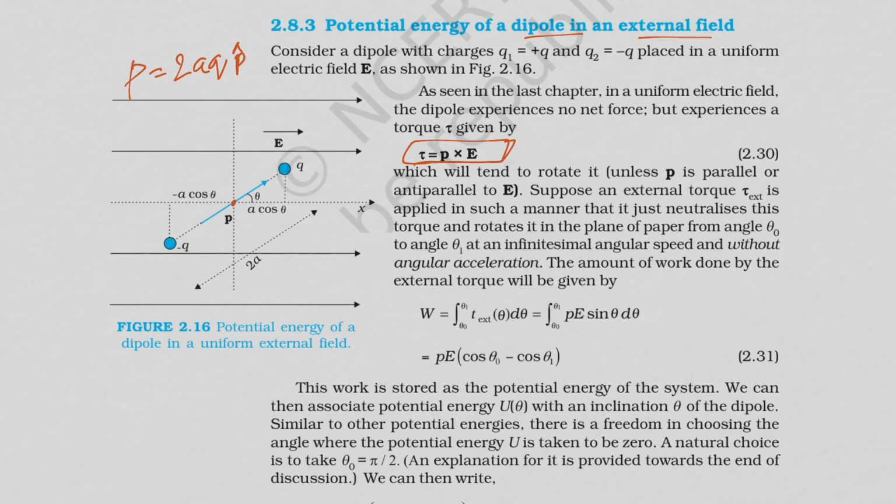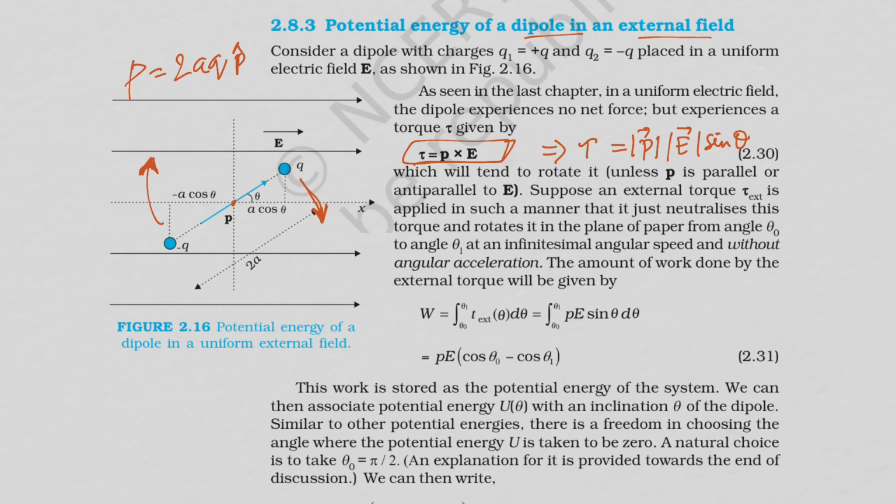So in that way we can say that the torque is something like the one I am drawing in the figure. What you can see, this is the direction of the torque. And if there is cross product, we also know that this will give tau is equal to magnitude of P and magnitude of E, and then sine theta. And theta is the angle between the dipole moment and the electric field, and what you can see in the figure.